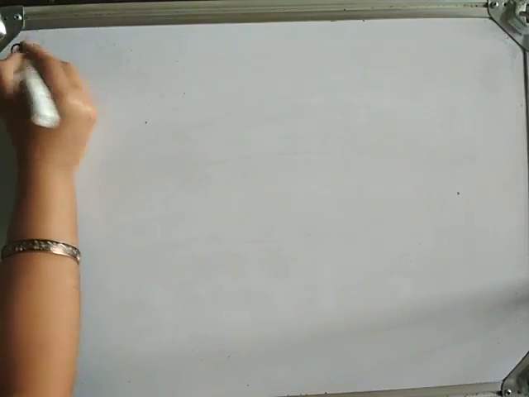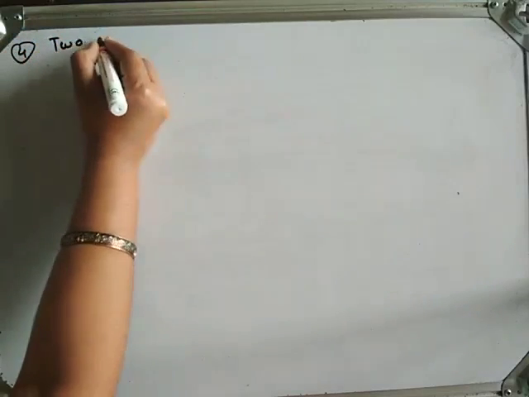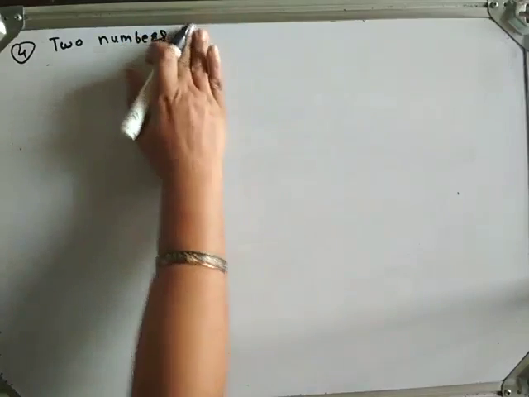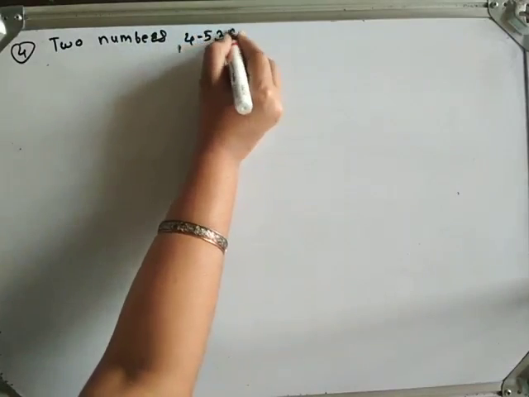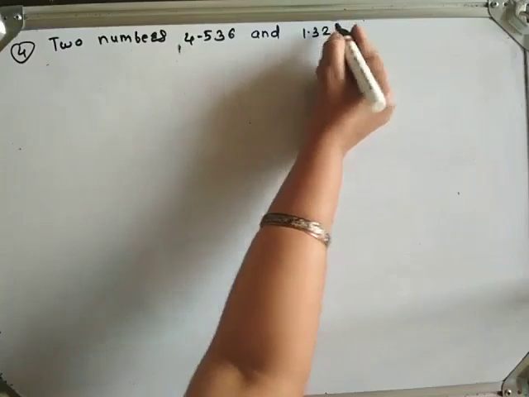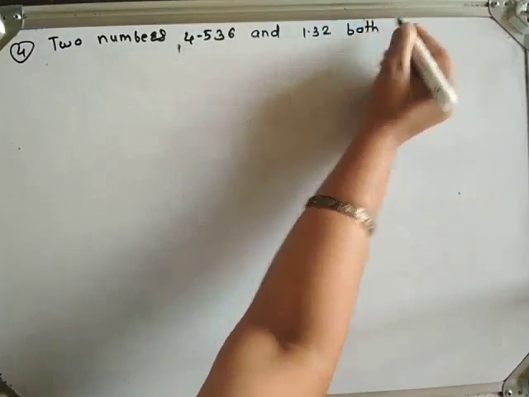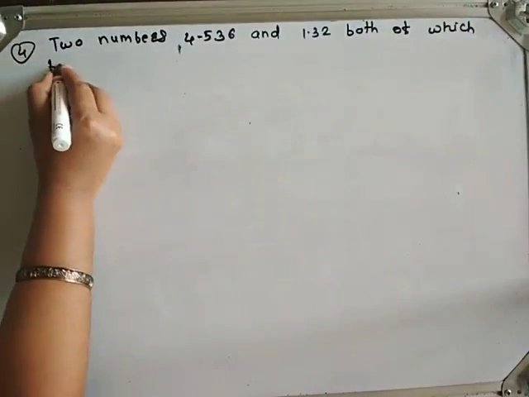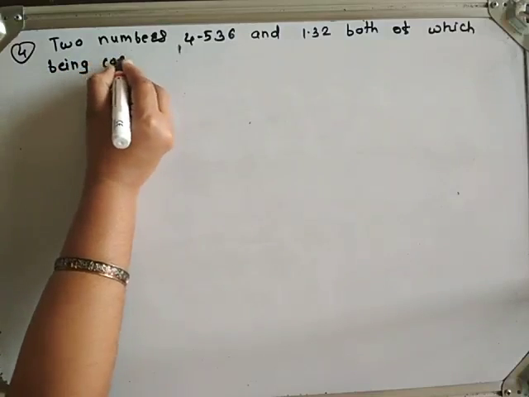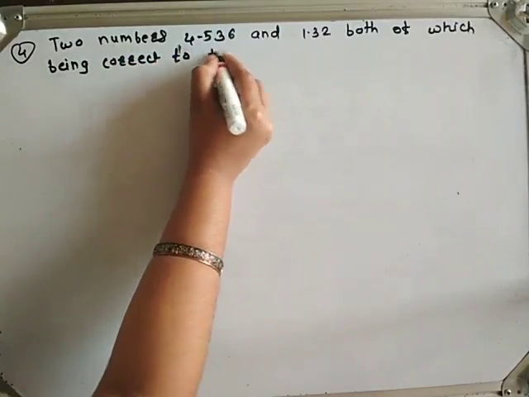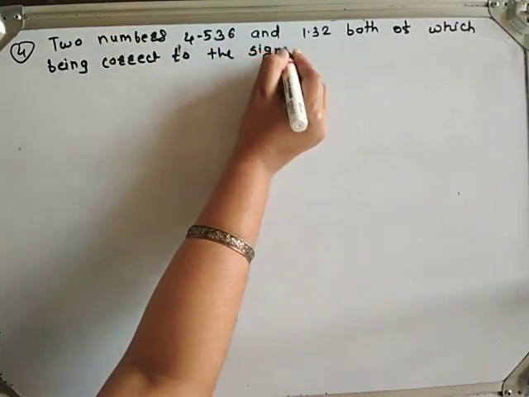Let us take the next example. Example number 4. Two numbers 4.536 and 1.32, both of which are correct to the significant figures given.